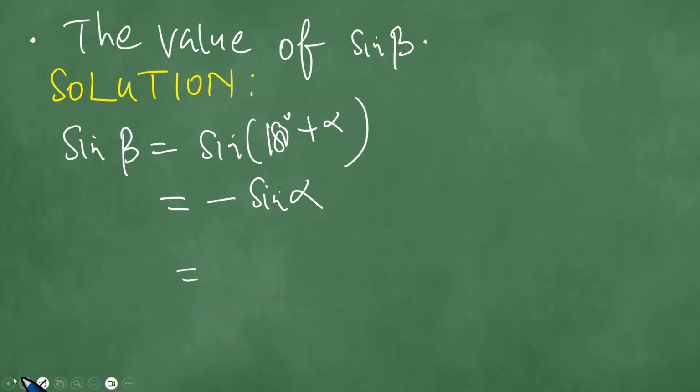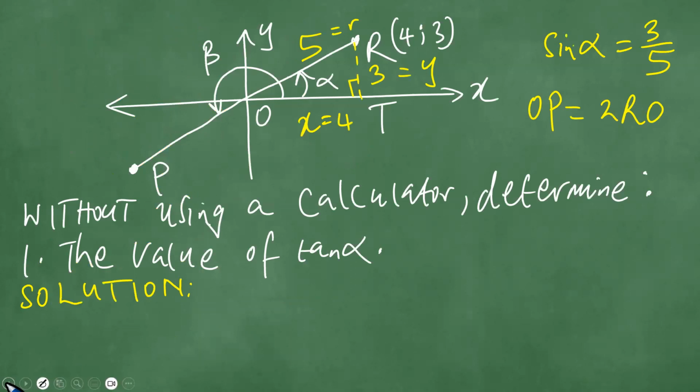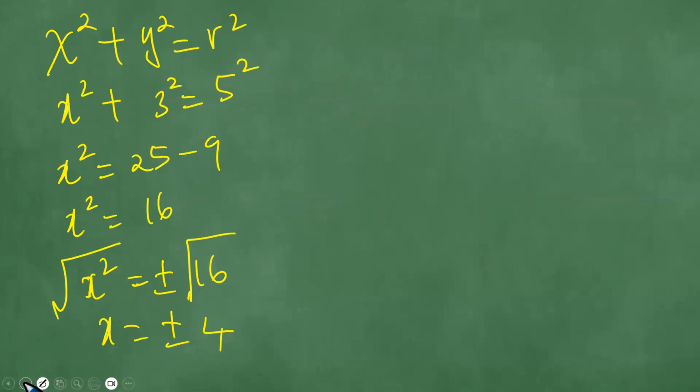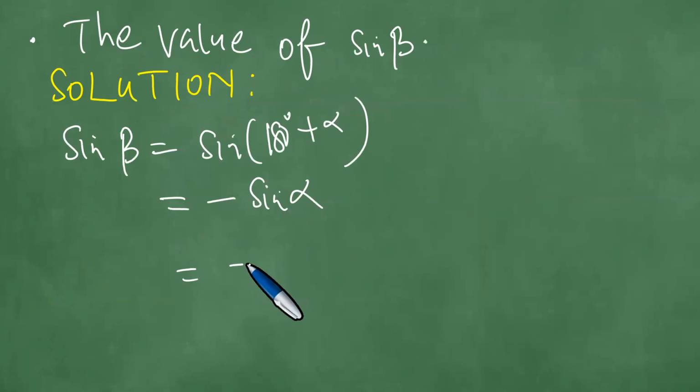Okay, so what is then sine alpha now? So the sine of alpha becomes, according to SOHCAHTOA, the opposite over the hypotenuse. Opposite is 3, hypotenuse is 5. So it becomes minus 3 out of 5.